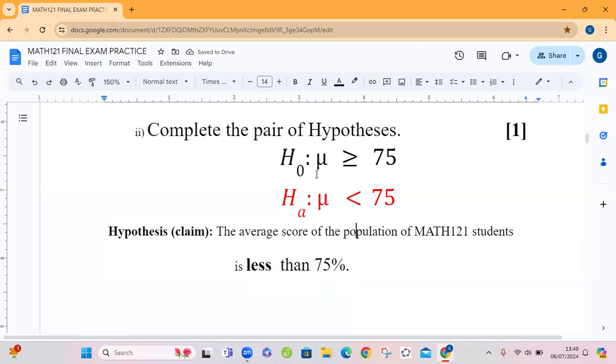So the null will be saying the population mean is more than or equal to 75, because these are like two persons debating, they must oppose each other, but the rule is that the null hypothesis must carry the equal sign. Always remember that. So the alternative is saying the mean is less than 75. The null is saying the mean is more than or equal to 75, and this will complete the pair of hypotheses.